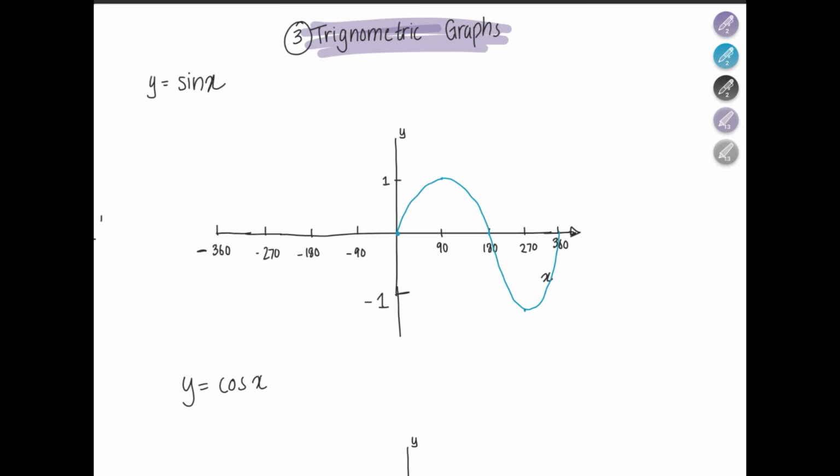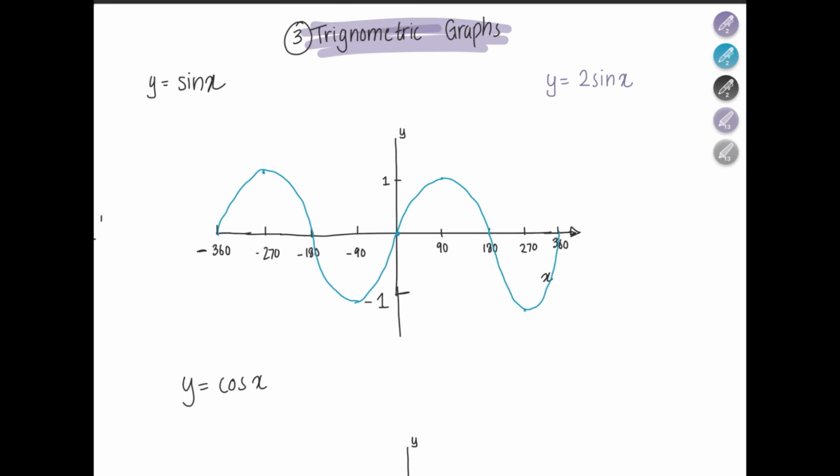The same goes on the other side, this is how it will be, and then like this, and then from negative 180 to negative 360 we'll have a positive side, and the maximum would be over here, 1 at negative 270, something like this. This is y equals sine x. Now what if they said y equals 2 sine x?